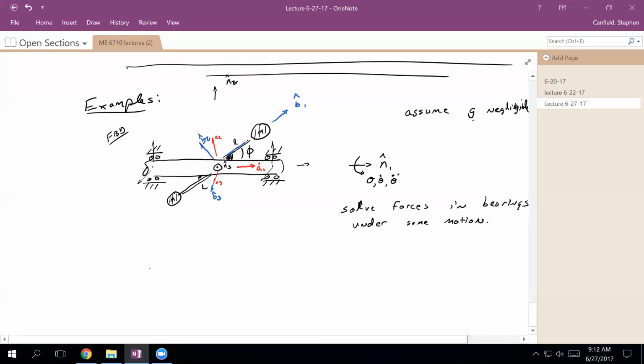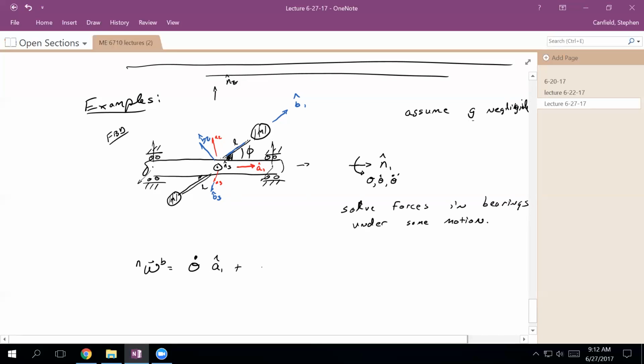Next, I want to write my angular velocity, my angular acceleration. So I need to write my angular velocity of frame B with respect to N. And I can see that first I get a theta dot, and that's going to be around the N1 or the A1 direction.